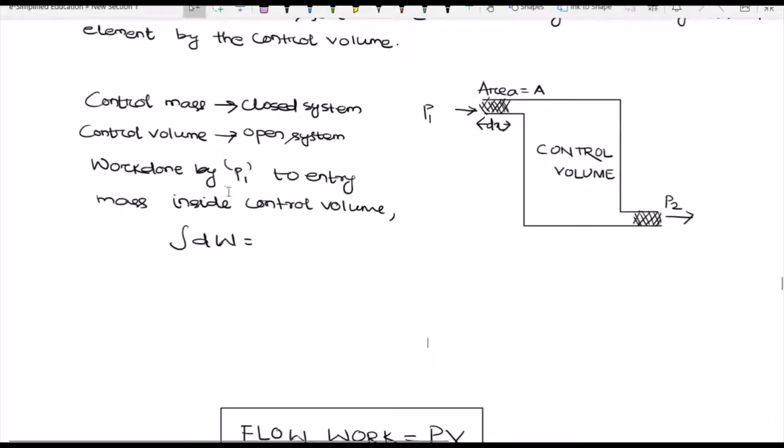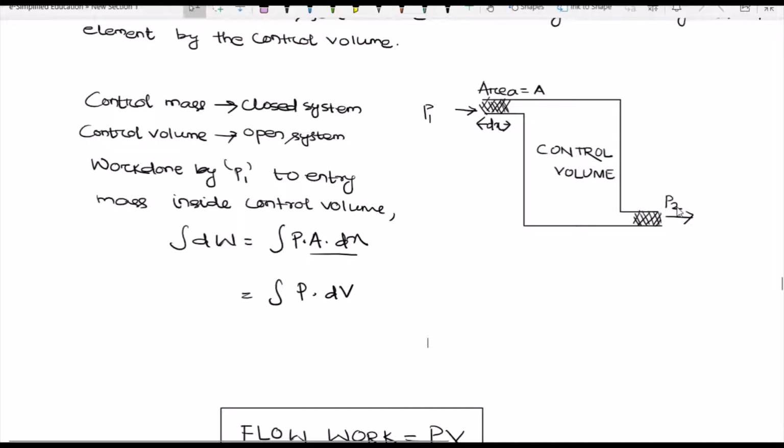So work done by passage 1 to entry mass inside the control volume: this P1 is pressure at inlet, this P2 is pressure at exit. If I write dW equal to P A dx, and A dx is nothing but volume, so P dV.